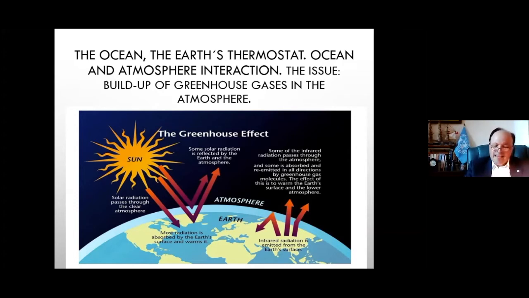But some of this heat needs to return to outer space and pass through the greenhouse layer.